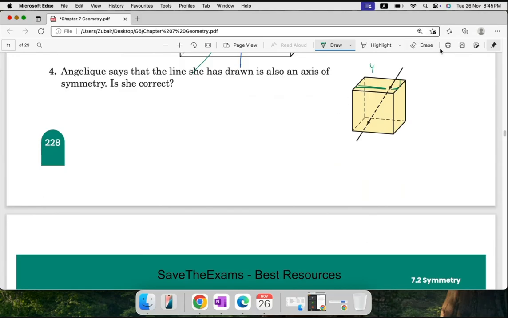This is actually not equal. So if I rotate 180 degrees, now this side would be 4 and the other would be 1. So definitely no, these are not equal. So not correct. That's a no.